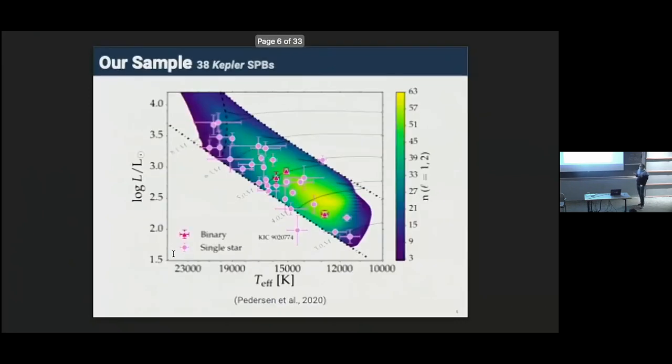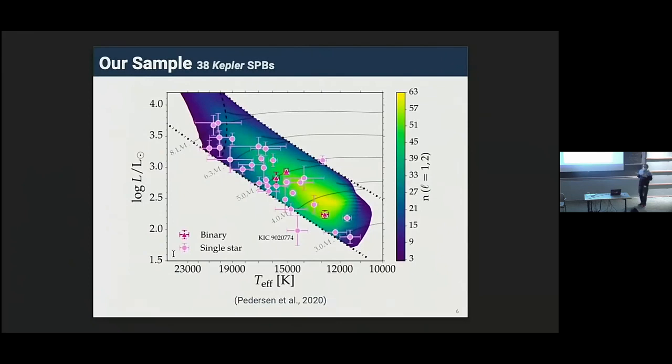So in order to enter these realms of nonlinear astroseismology, we use a sample of 38 Kepler SPB stars, and 26 of them are shown on this astroseismic HR diagram made by Mai in 2020, where you can see that this sample actually probes the entire mass range that I was talking about. It's from 3 solar masses all the way up to 8 solar masses.